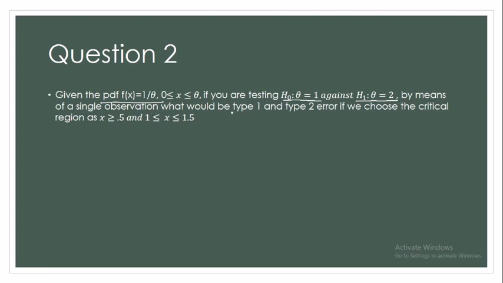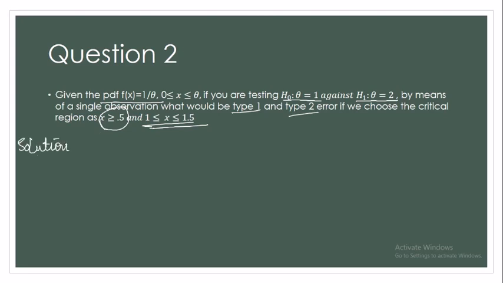They are asking what is type 1 and type 2 error if we choose the critical region as x greater than or equal to 0.5, and also they provide another critical region, 1 less than or equal to x less than or equal to 1.5. So let's have a look at the solution.